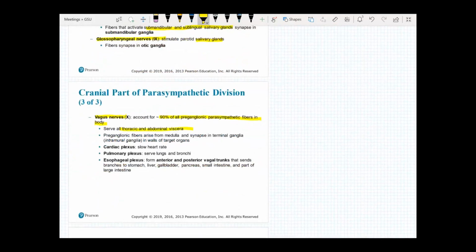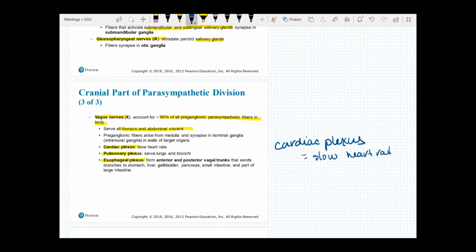What's really important about these is that the vagus nerve, the parasympathetic motor output, has these three functions, which is very, very important. Basically, the cardiac plexus will enable your autonomic parasympathetic division to slow your heart rate so that it can be controlled.